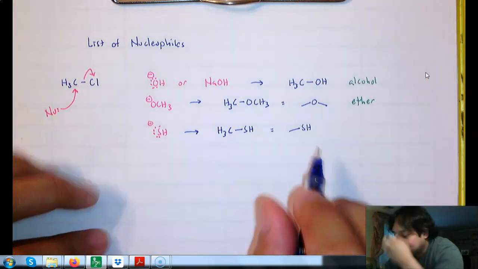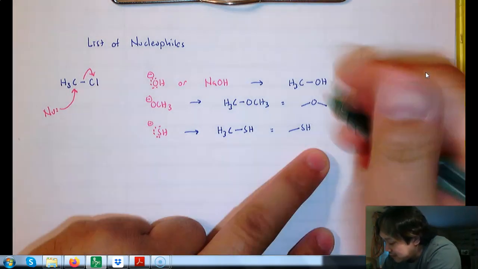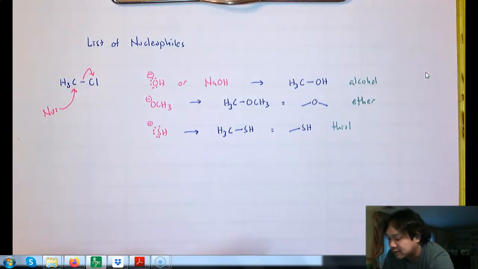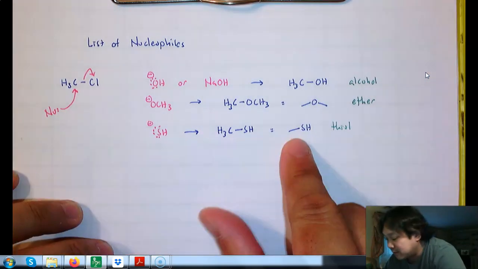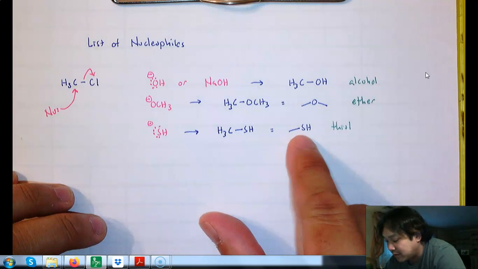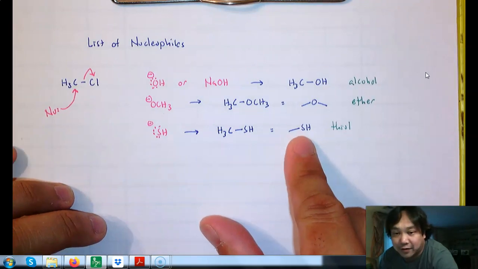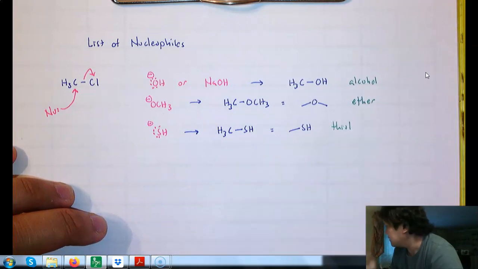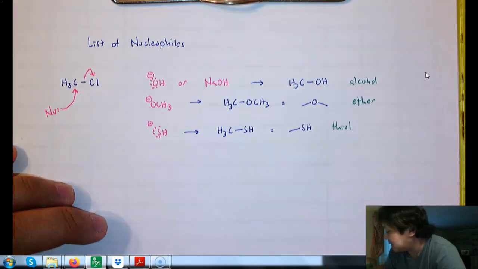That's called a thiol. For my class, probably I have not talked about the functional group SH or the molecule thiol, but whenever you have a sulfur and an H, that's a thiol. What else?